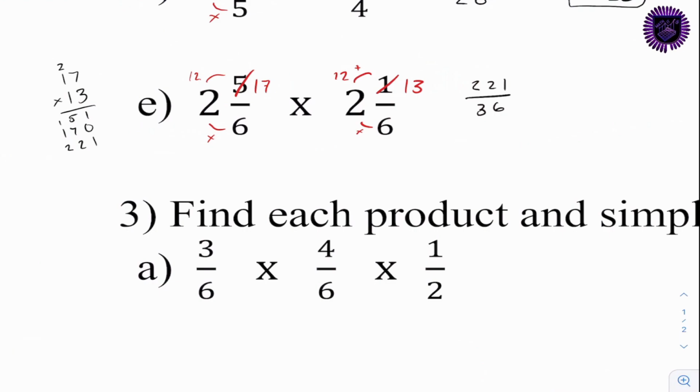I'm just doing some mental math here. 36 times 10, that'll be too much. 13 times 17 is 221. 221 divided by 36. 5 times 36, 360, half of 360 is 180.